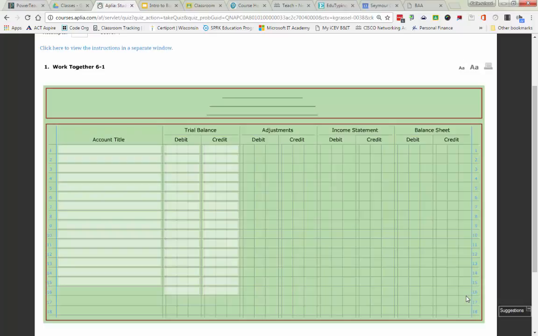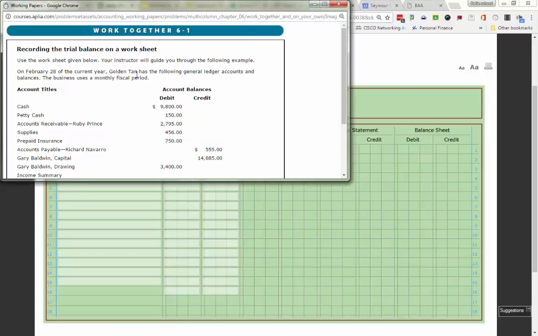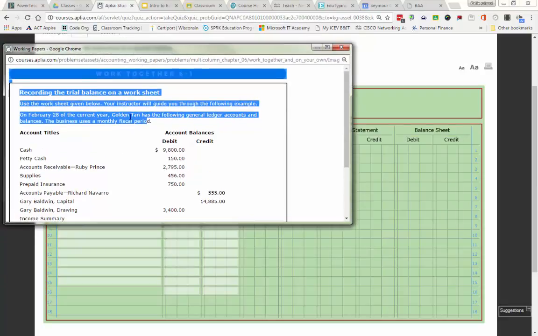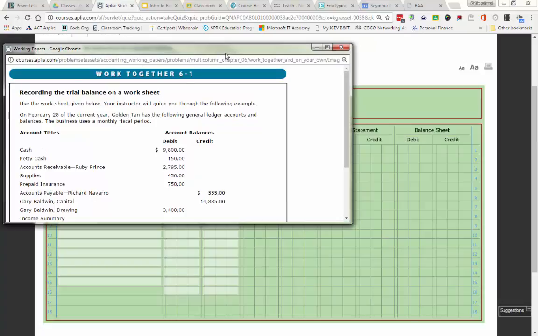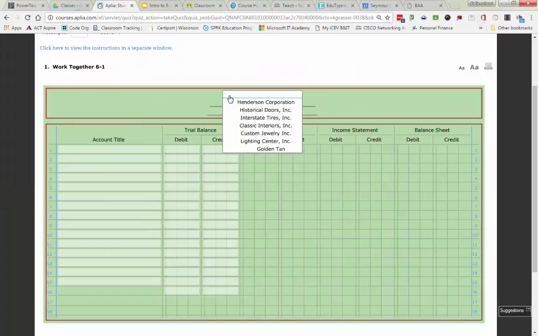So in our directions, did we find the name of our business? I think Isaac found it. What was it, Isaac? Golden Tan. Where was that? Like pointed right out to you in the directions? It tends to be this stuff up here that you forget to read. Right above that, you're like, oh yeah, I'll just go ahead and do it. So it tells us that the name of our business is Golden Tan.